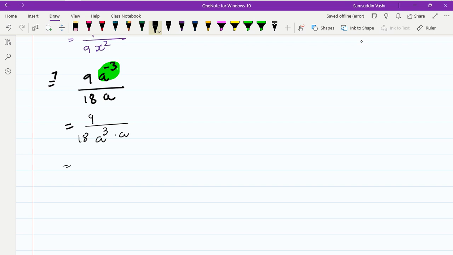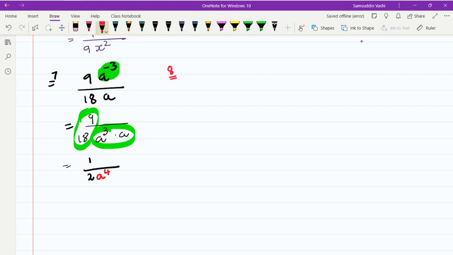Okay. Now we deal with numbers. It's half. Numerator is 1, denominator is 2. Both of them are in table of 9. Then a to the power of 4. It is in denominator. It's done. Right. 8.